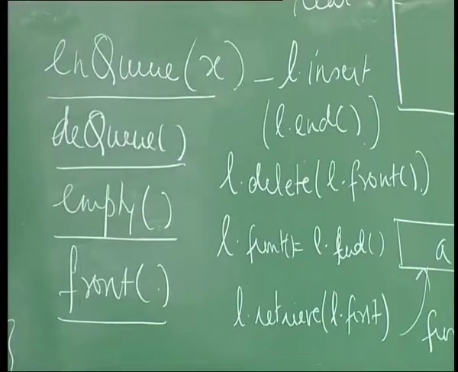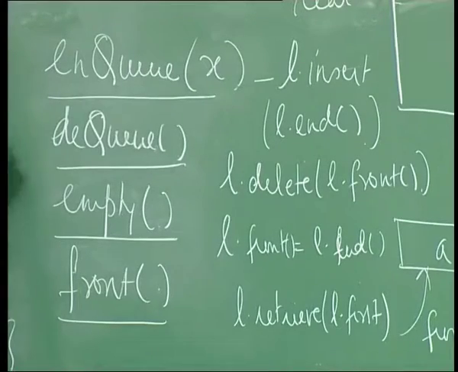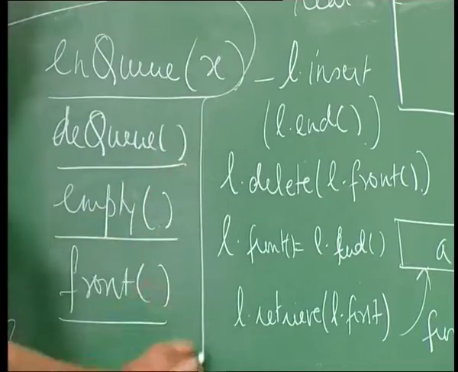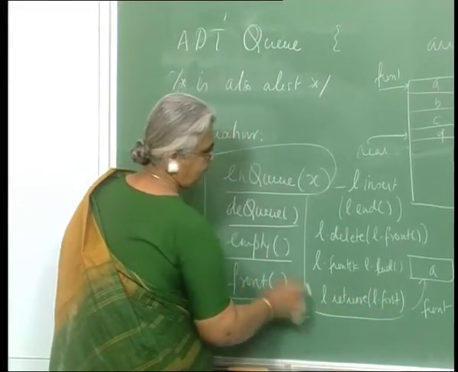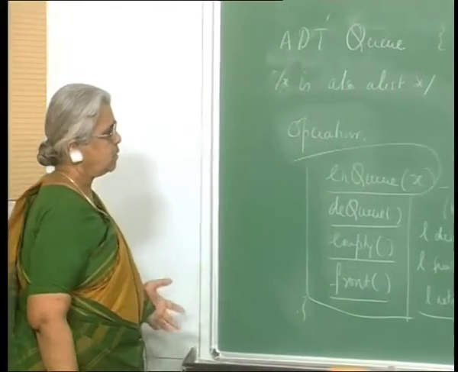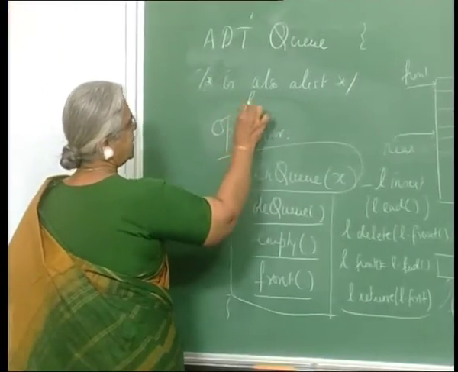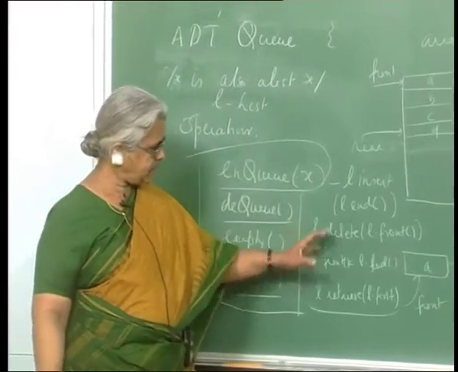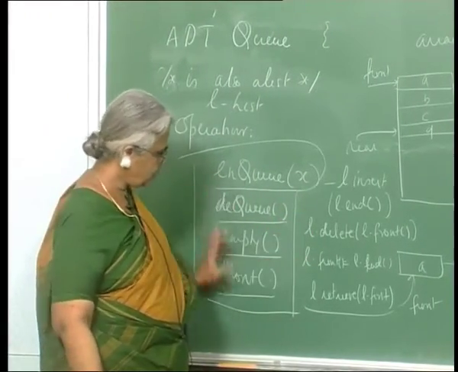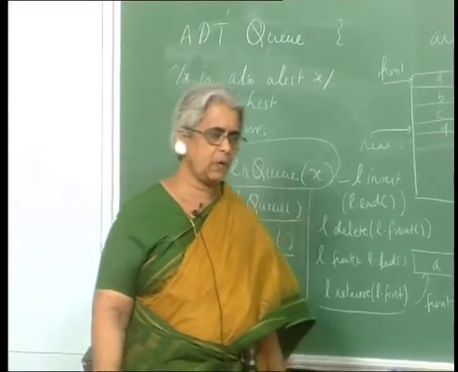So I have shown you that all the operations that you want on the queue can be implemented using the list. In my ADT I can say L is of type list and define operations on the list to perform these operations on the queue.